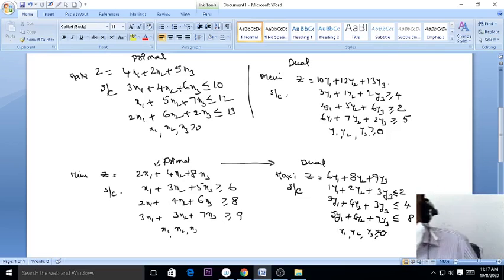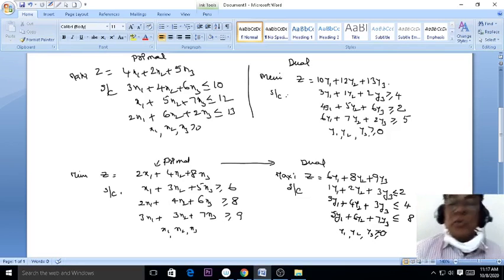So the point is how to convert the equations of the primal to the dual. In examination, now I'm going to solve a simplex method problem with the help of the dual.